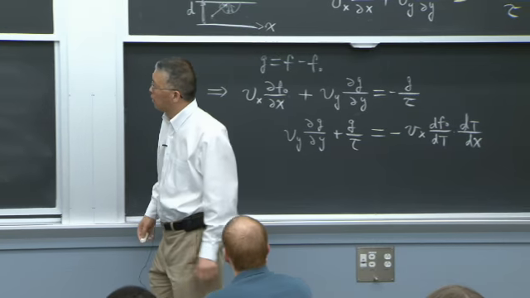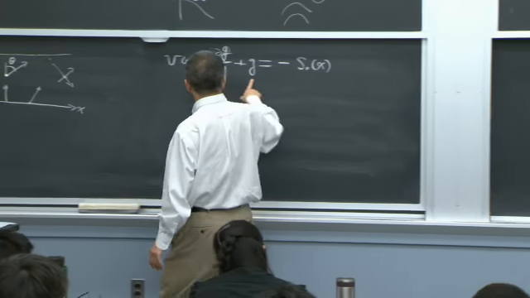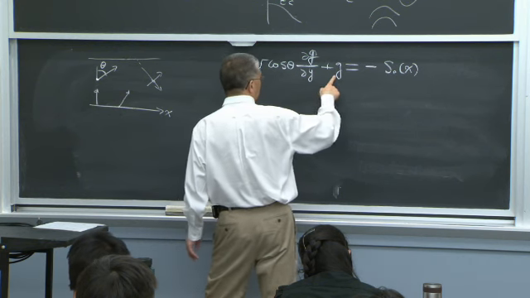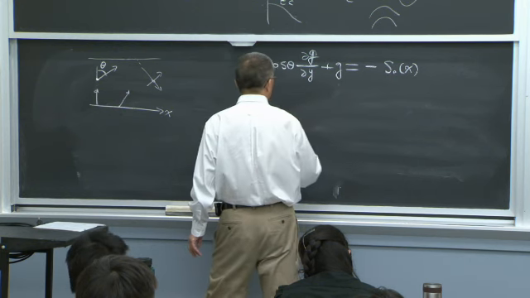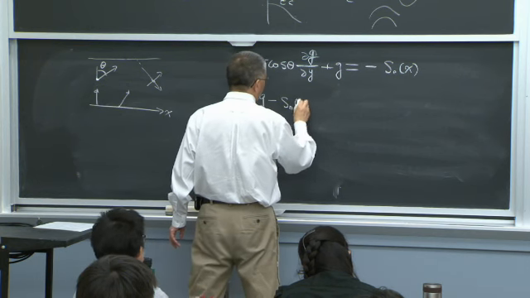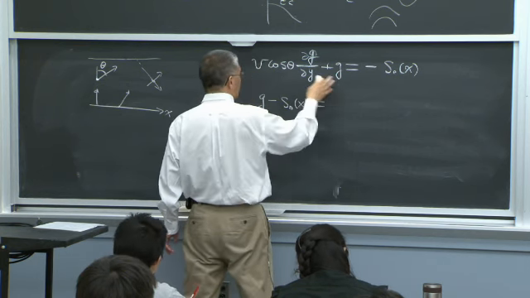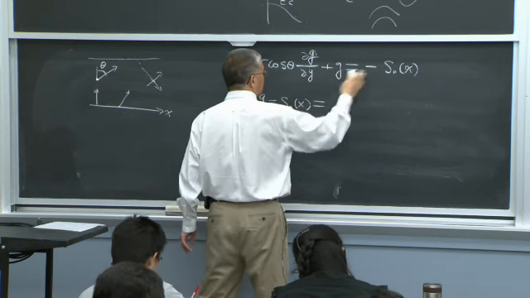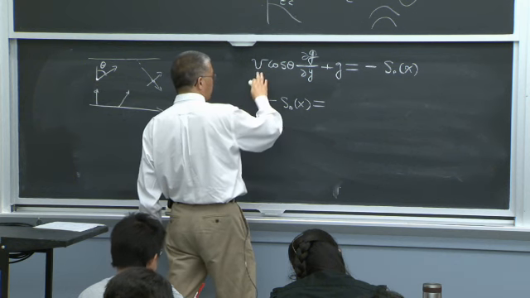So I solve this equation, and the way I solve it, because the right-hand side is a function of x, it's a homogeneous equation. You use a new variable, g minus S0, and then it's V cosine theta.